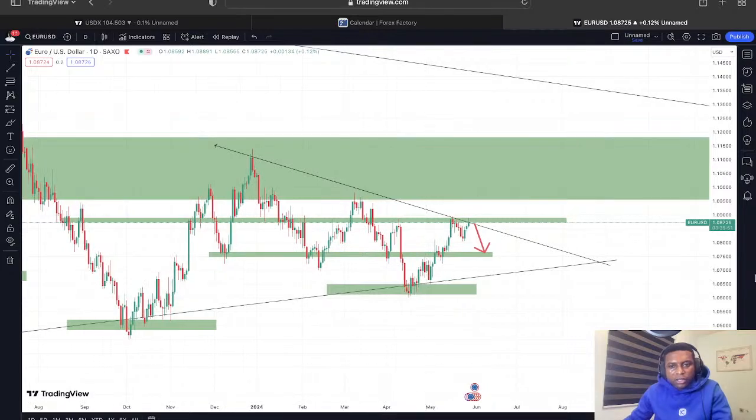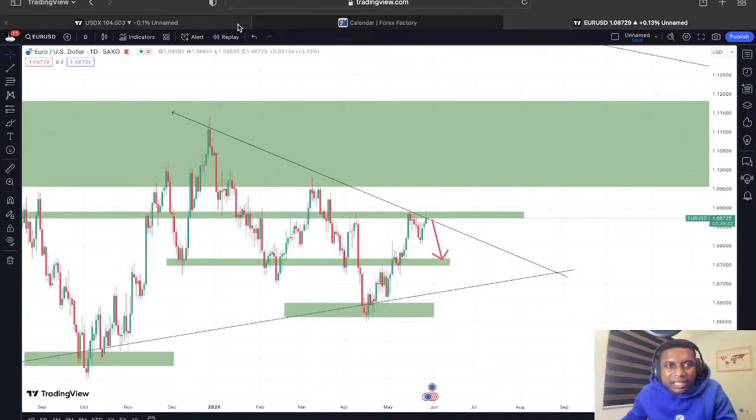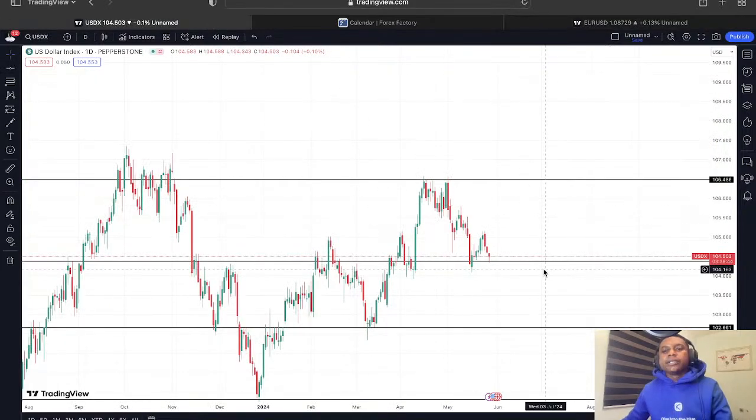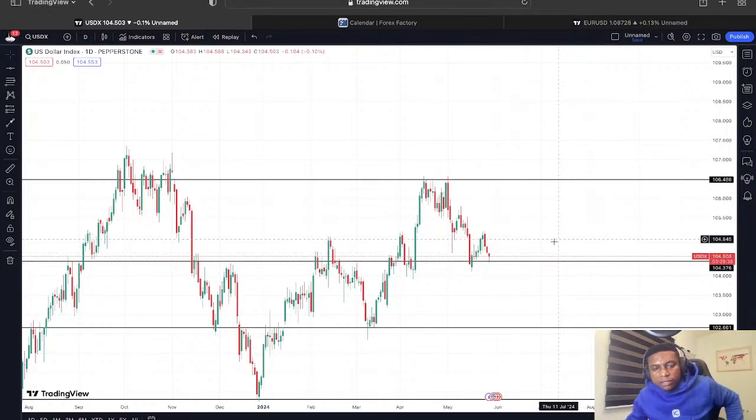Because at this point we can see that the dollar is about to regain its strength, and it's already showing it from today's price.